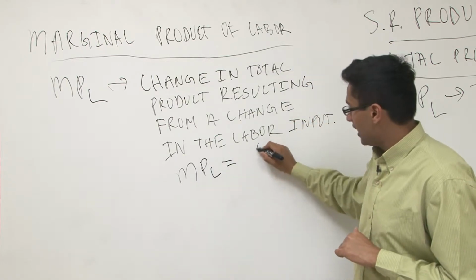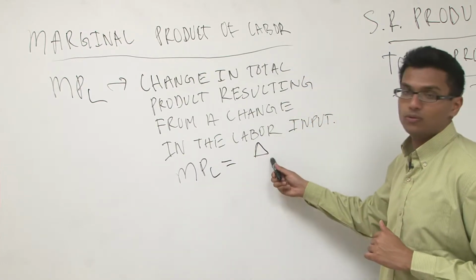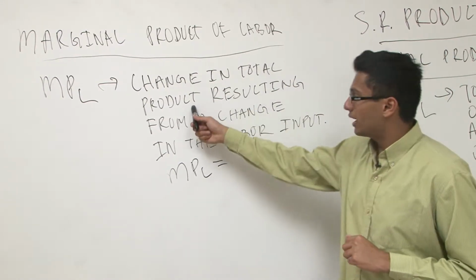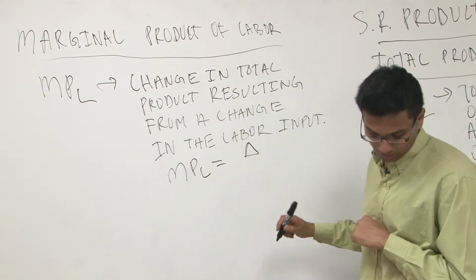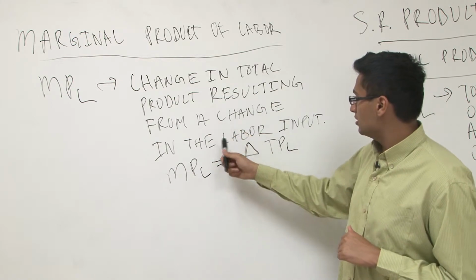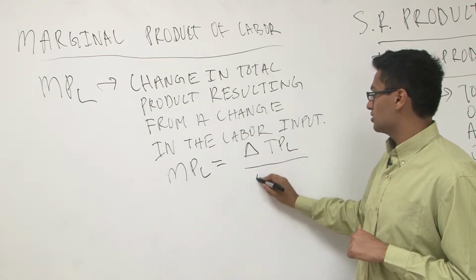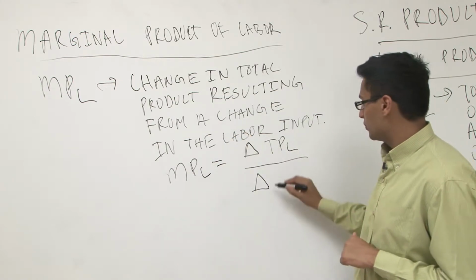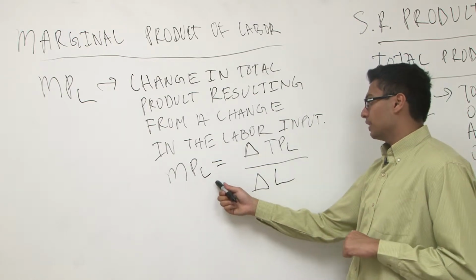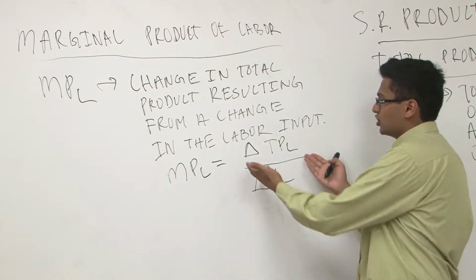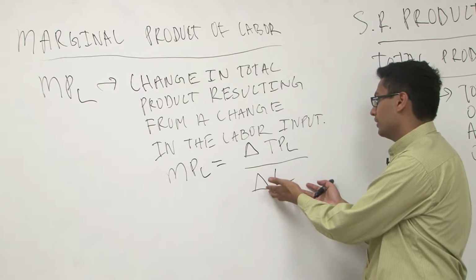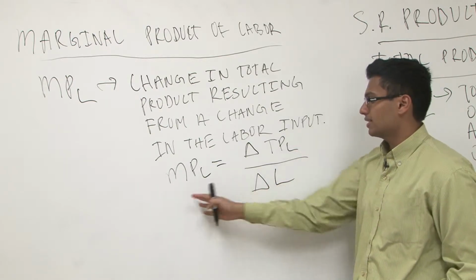MPL is equal to the change, this is delta, we've used that sign before, you've seen that in previous classes, of total product of labor, TPL, over a change in the labor input, delta L. So MPL is saying, if there's a change in the total product of labor and there's a change in the labor input, you divide those two and that's MPL.